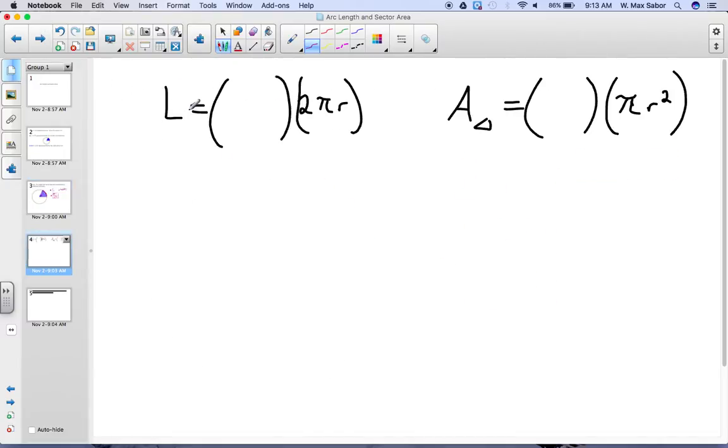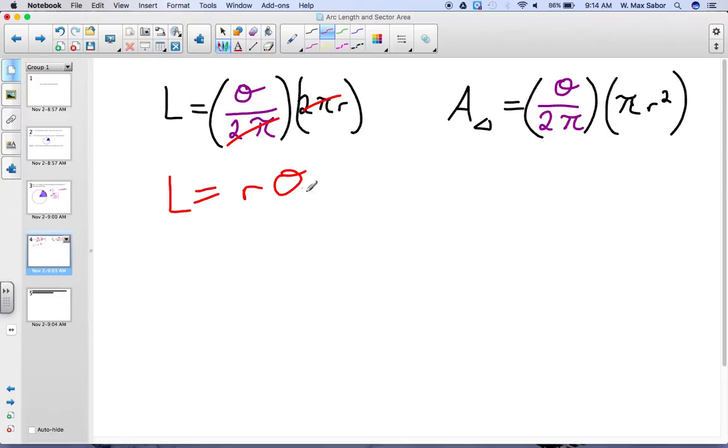So what that means exactly is that the length is 2 pi r, the circumference, times our factor of theta over 2 pi. And the sector area is the whole area, pi r squared, times our factor of theta over 2 pi. If you want to memorize these formulas, you certainly can, but typically it's easier to just say, those 2 pi's cancel out, and the arc length is r times theta, where theta is in radians.